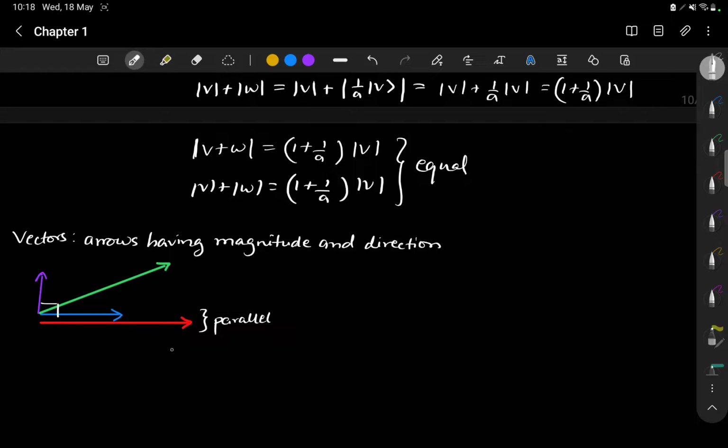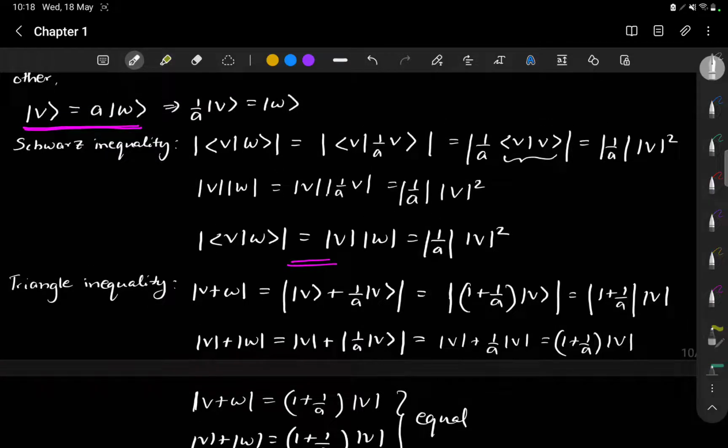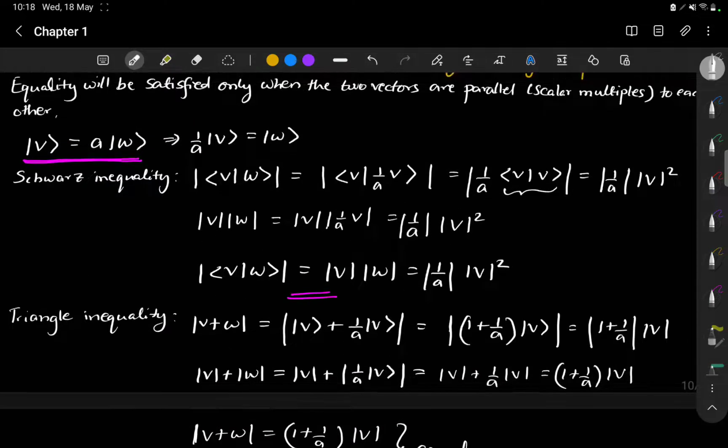These arrows are forming a linear vector space, and let us see when the equality in the Schwarz and triangle inequality will be satisfied.